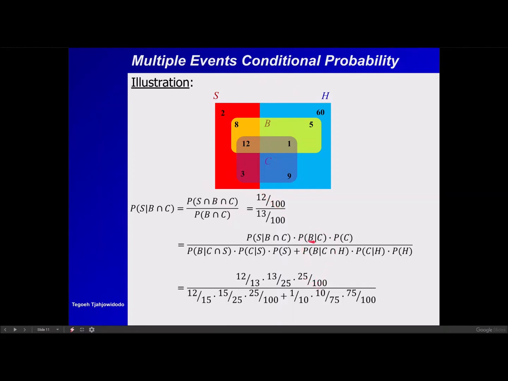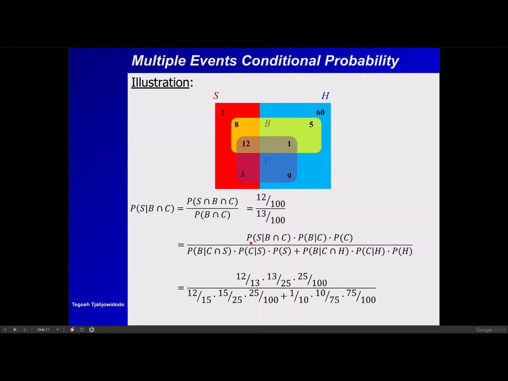Probability of B given C: we have C, and 13 out of it is part of B, so probability of B given C will be 13 over 25.